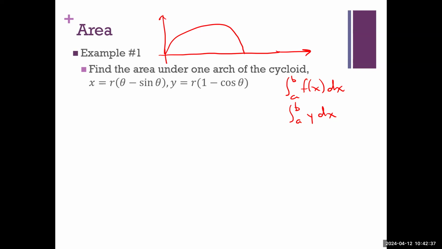But how's that going to look when we start thinking about parametrics? So I'm going to leave the bounds off until the very end. We got to figure out what the bounds actually are. But what is our y here? R times 1 minus cosine theta. What is dx?